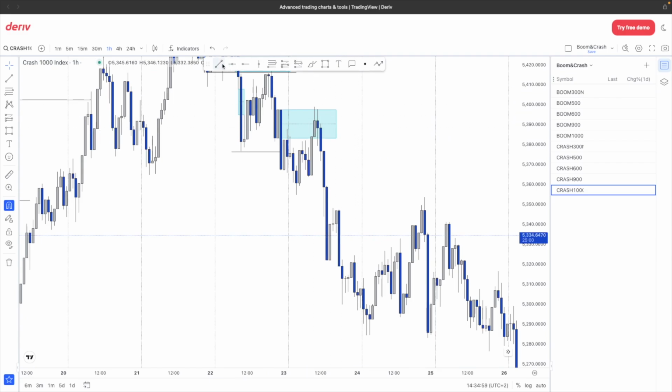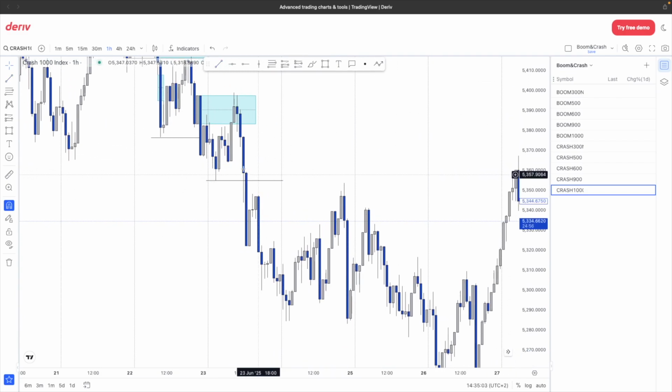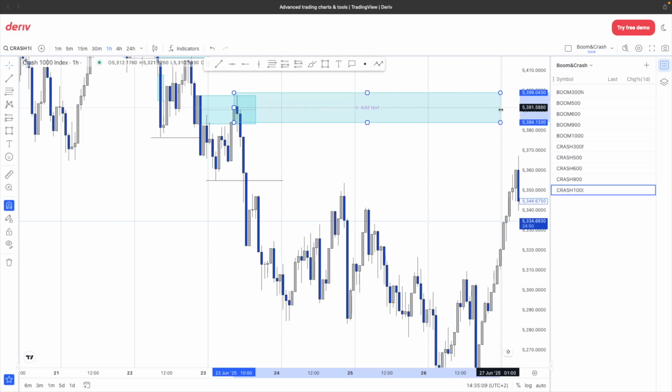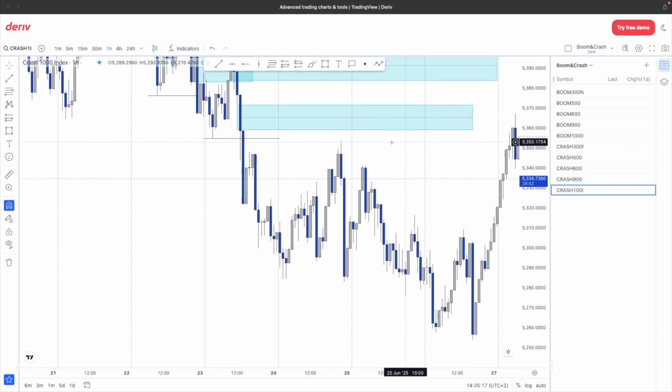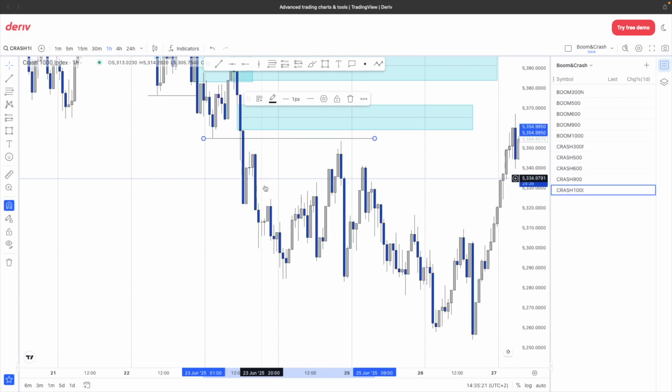Price broke through again. We had a big push down. So currently we have an order block resting right over there, and we have a fair value gap that's resting right over here. And then also price came all the way down.